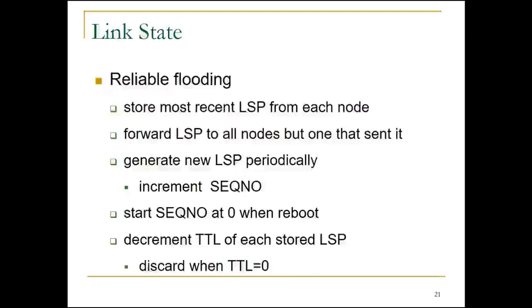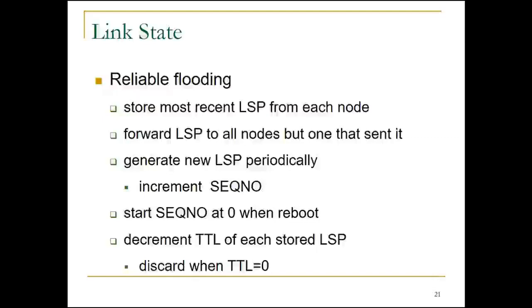So we do have a reliable flooding where we store the most recent link state packets from all the various nodes. So at least we can forward that information to all nodes and not just the ones that sent it.